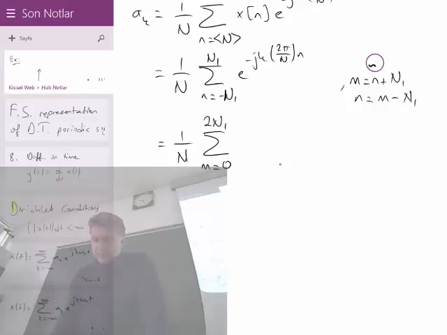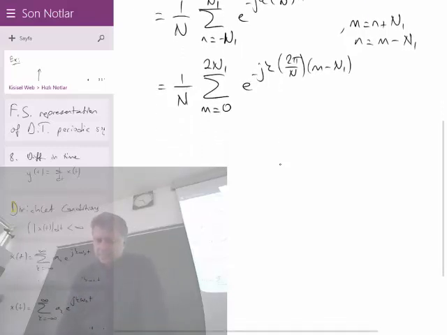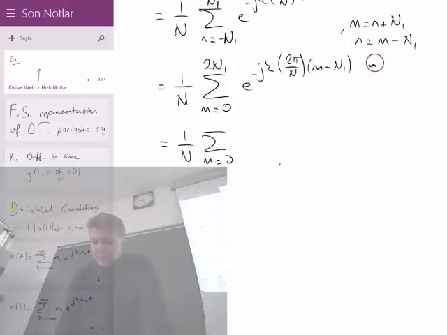And that is e to the minus jk 2 pi over capital N, the fundamental frequency, and instead of n, I have to write m minus n1. So this is my new running index. And that is 1 over n, m from 0 to 2n1.